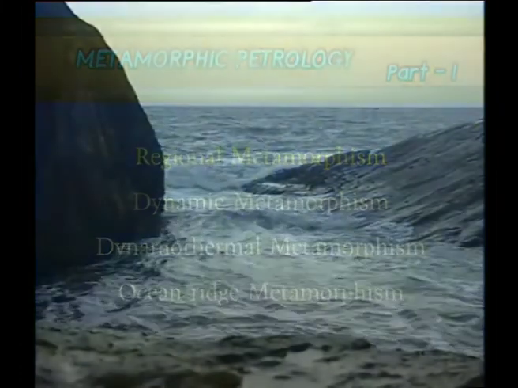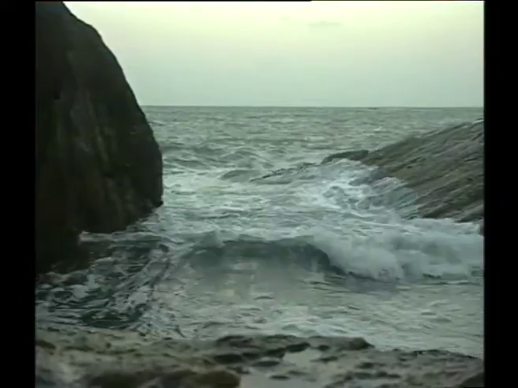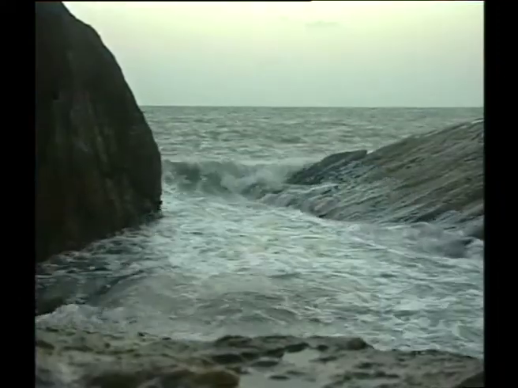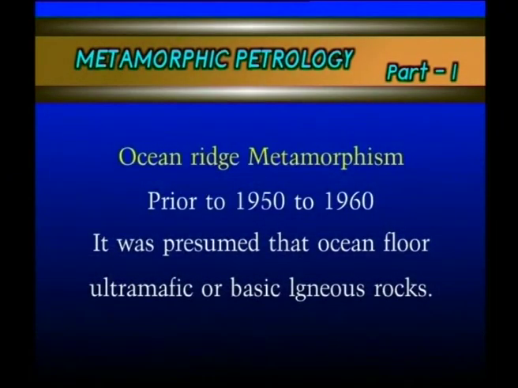As we already discussed, in the case of ocean ridge metamorphism, prior to the 60s and 70s it was presumed that the ocean floor is normally ultramafic or basic igneous rocks.